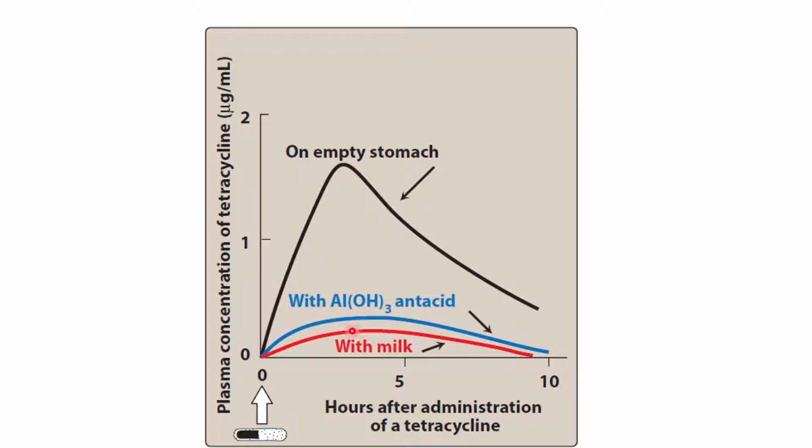With a meal, or with an aluminum hydroxide antacid, or with milk, the absorption is greatly reduced, because tetracycline will bind to the aluminum ion or to the calcium in the milk, and that will prevent absorption because it leads to the formation of insoluble substances.